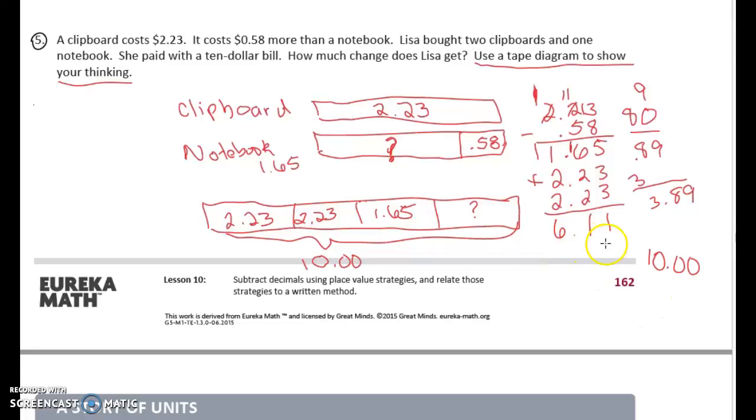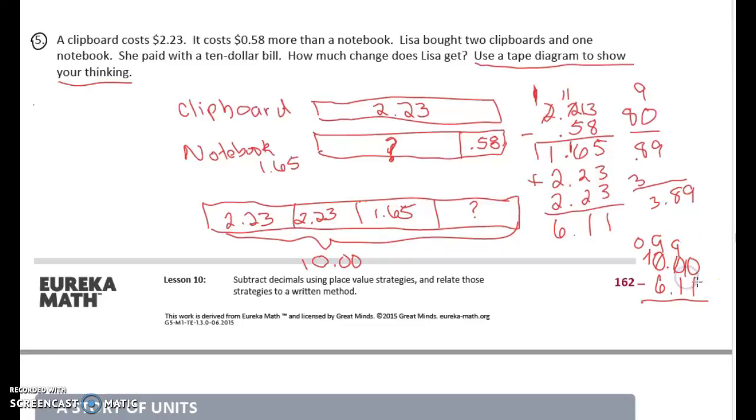Doing it the other method, using just subtraction, we've got $10 to spend. We are spending $6.11, right? We're going to take away $6.11 because that's what they're taking at the cash register. So now I have to go all the way over here to borrow. So there's going to be no 10s left. And so if we make this into 10 ones, and we take 1 away, we're going to have a 9. If we say we've got 10 dimes and we take 1 away, it's going to leave us 9 dimes.